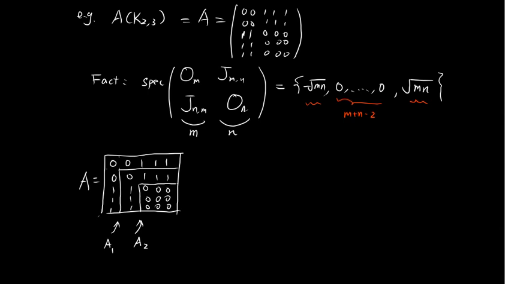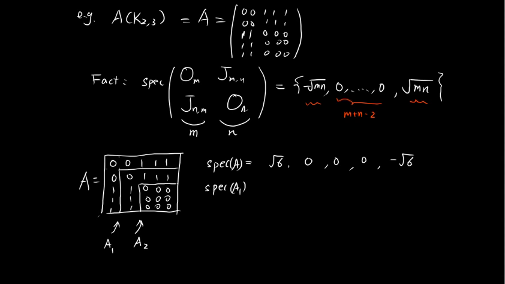So you see that A, the spectrum of A following the fact is equal to 3 zeros and root of 6, 2 times 3. Okay, and so the next one, spectrum of A1, it is the adjacency matrix of K1,3, right? 1 and 3.